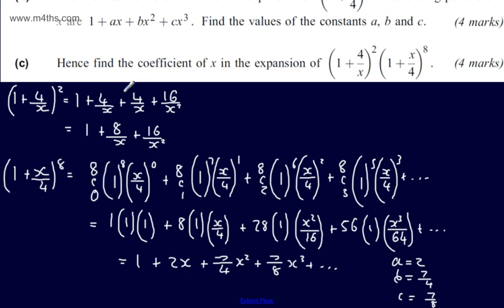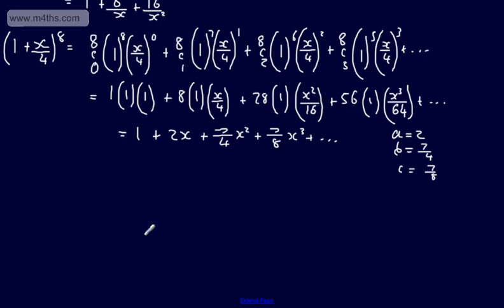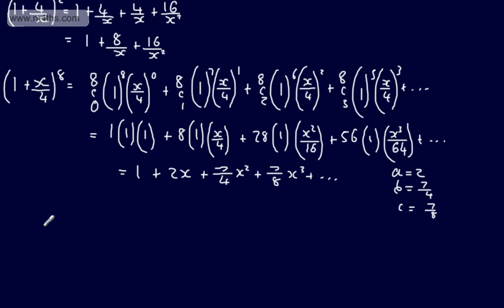In part C it says, hence find the coefficient of x in the expansion of 1 plus 4 over x all squared multiplied by 1 plus x over 4 to the power of 8. All I'm going to do is multiply these.